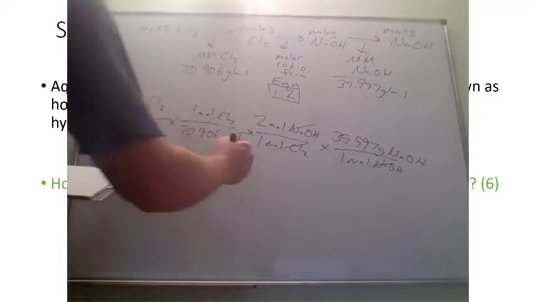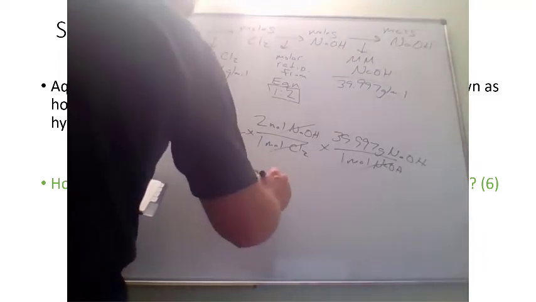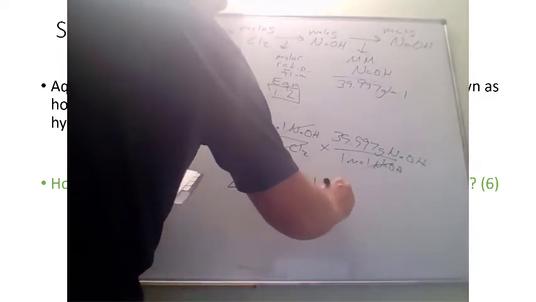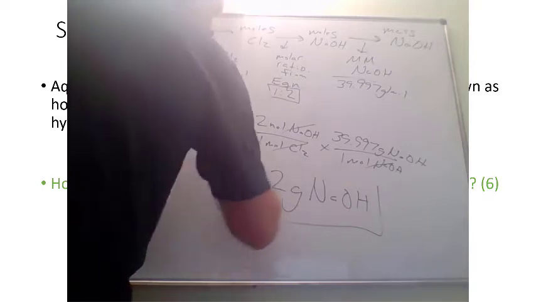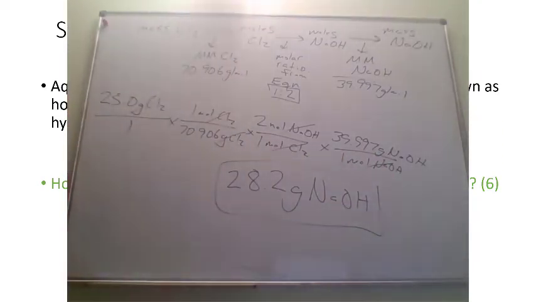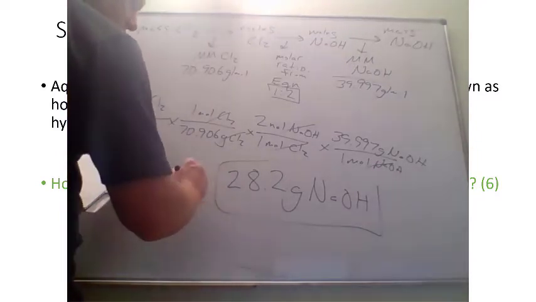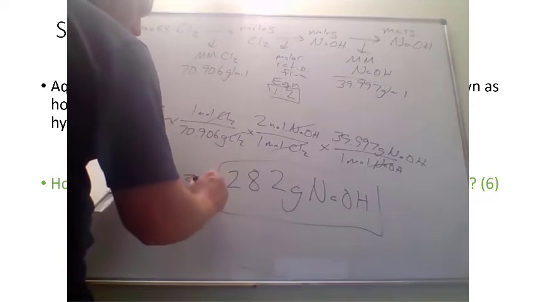And so our final answer after we plug and chug gives us 28.2 grams of NaOH. And here we need to keep in mind our significant figures. Our starting value that's given to us has 3 significant figures, and we've only done multiplication and division here. So our final answer needs to be cut to 3 sig figs.